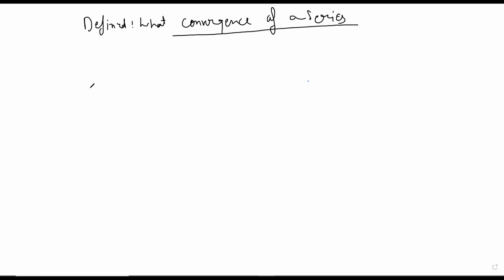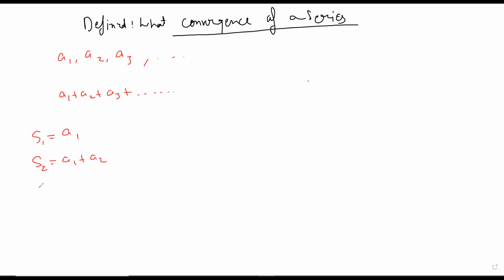So if A1, A2, A3 form a series, A1 plus A2 plus A3, which is given to us, and we should make sure that it's positive, then you take S1, S2, S3 and form a sequence.